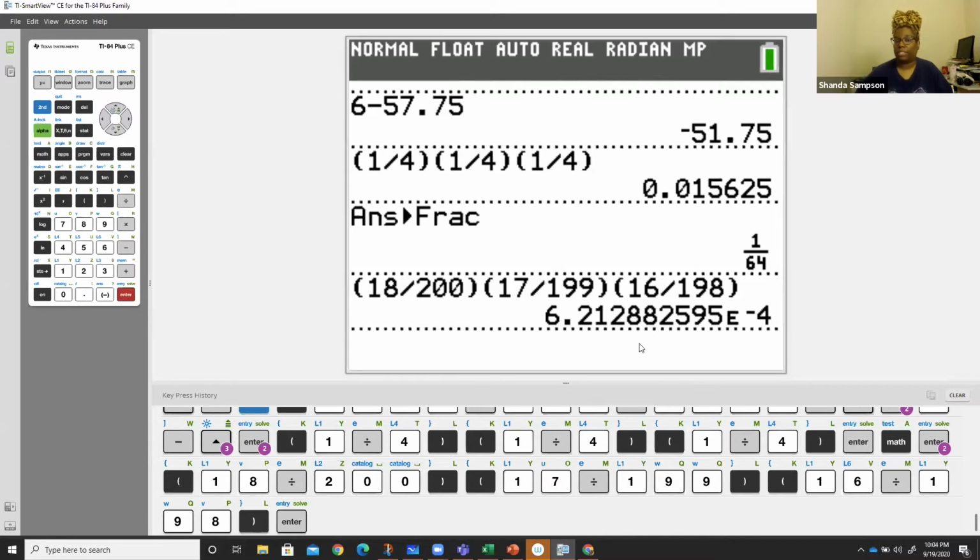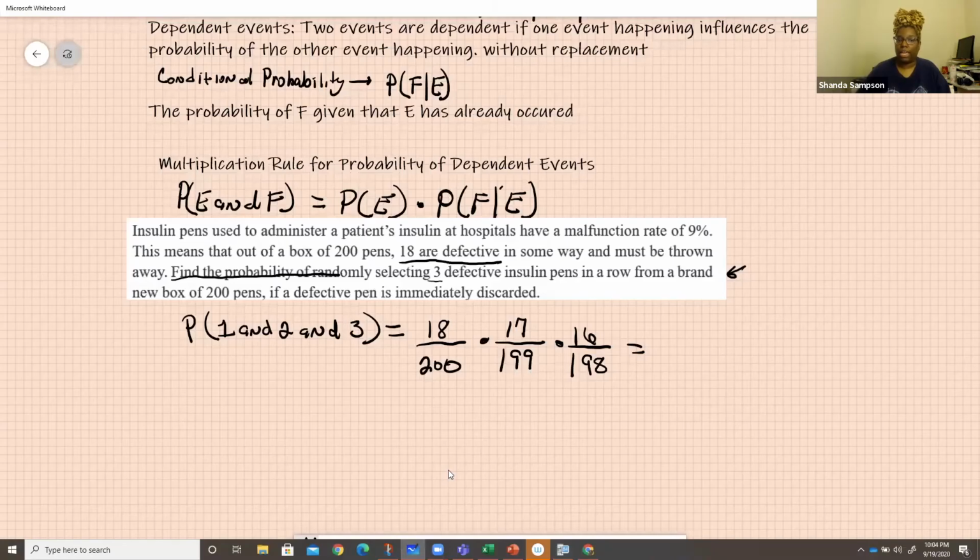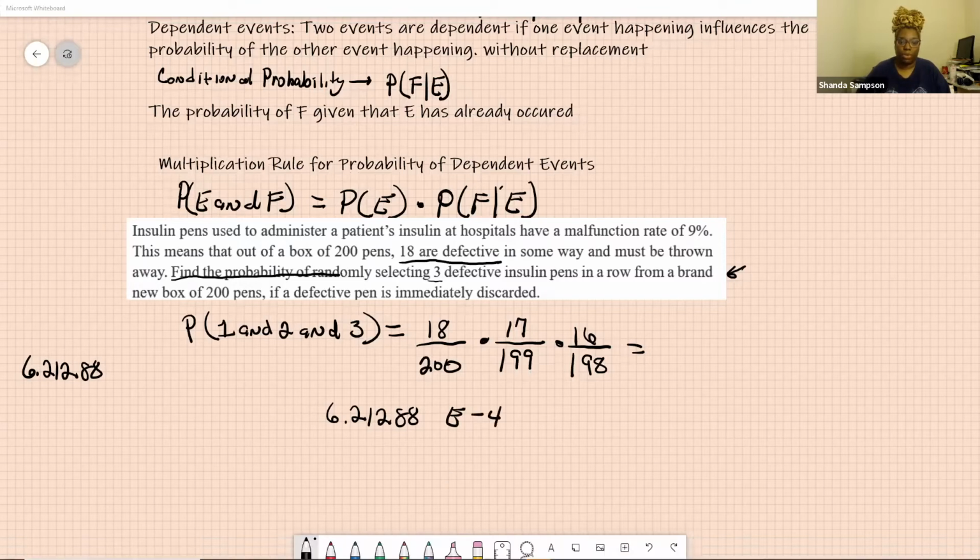So we had 6.21288. I'm just going to write this down on that piece of paper on the side. 6.21288, and you cannot write this on the test. Something like that, right? 6.21288, and then it had E to the negative 4. Those of you who remember scientific notation, really good.